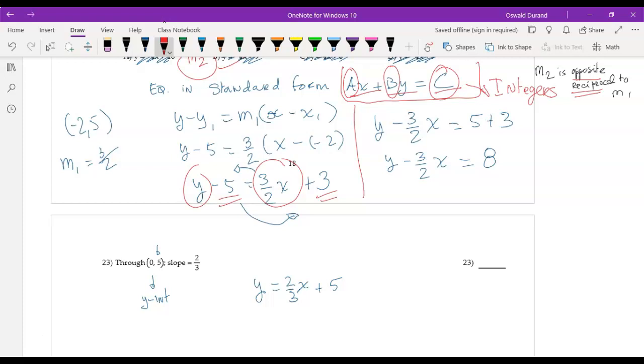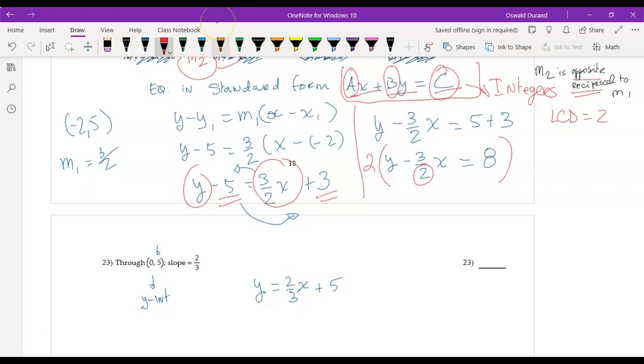There are no fractions in integers. And what do we have here? We have a fraction, which is 3 over 2. So we cannot have that. So we need to find an equivalent equation by using the LCD. What we're going to do is multiply all the terms by the LCD. So the LCD is equal to 2. So therefore, we need to multiply the whole equation by 2.